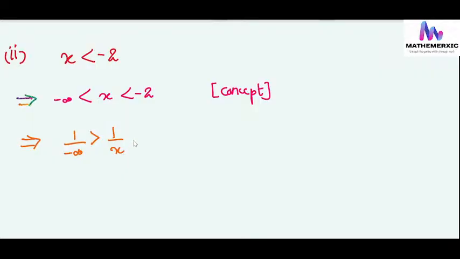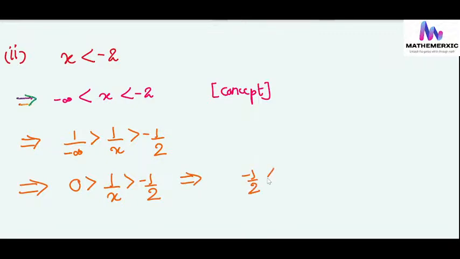So this will be written as 1 by negative infinity, which is obviously 0. So 1 by x is less than this, and again greater than negative half. Or I can say further, it is greater than negative half and less than 0. So this is the answer.